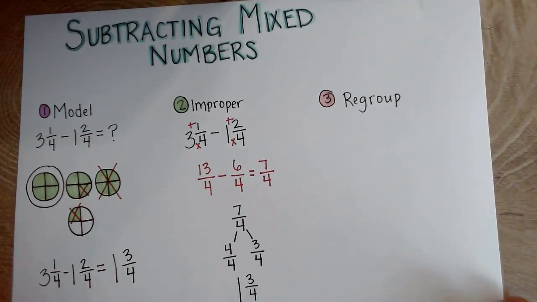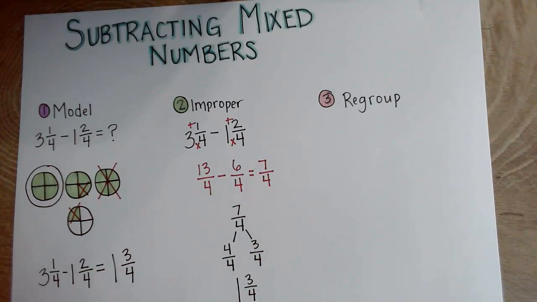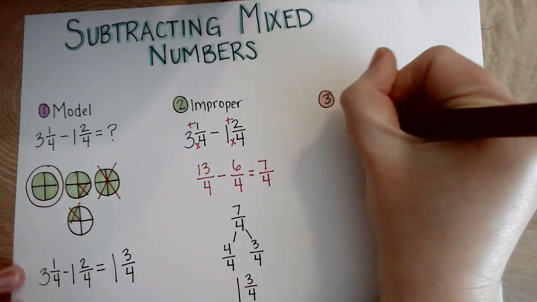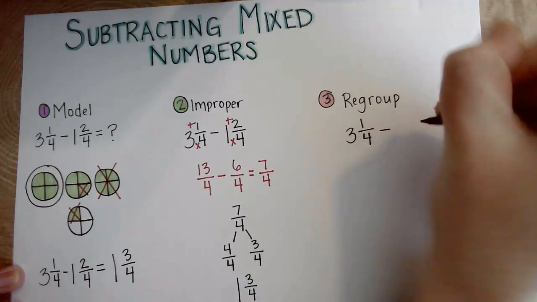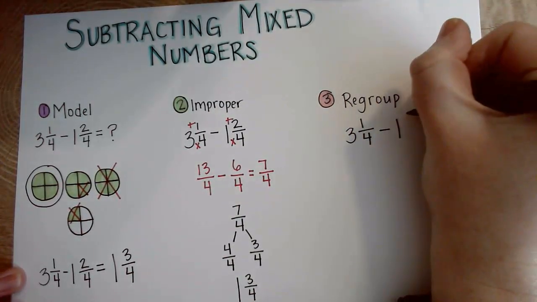Okay. And our last example is regrouping. So regrouping is going to be what we're kind of used to using with our traditional subtracting, but we are just going to be pulling out one of our whole numbers and using that to help us change our fraction.